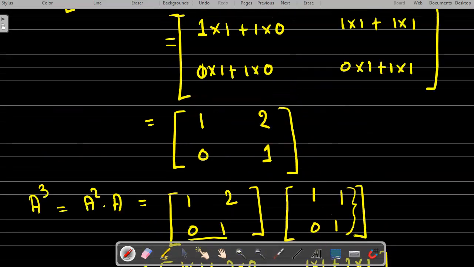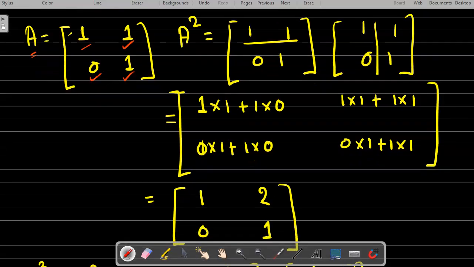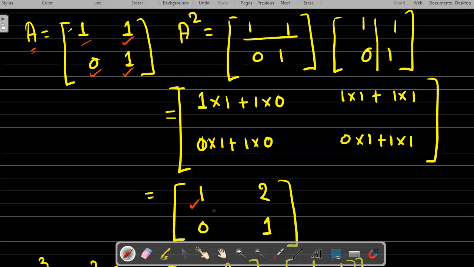Now observe that in matrix A, this is 1, here is 1, here is 1, here is 0. In A square, what do we find? We find this is 1, this is 1, this is 0. So these three elements are fixed. What has changed? This element has changed, this A12 position has changed.